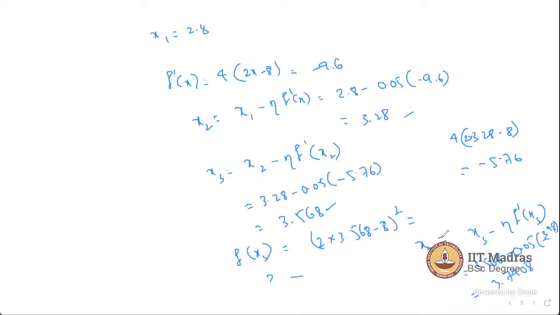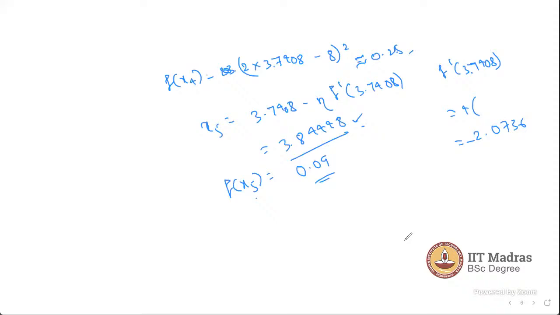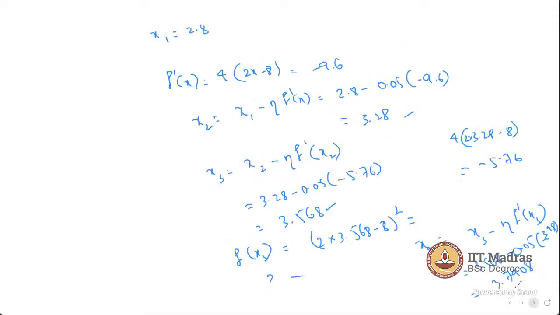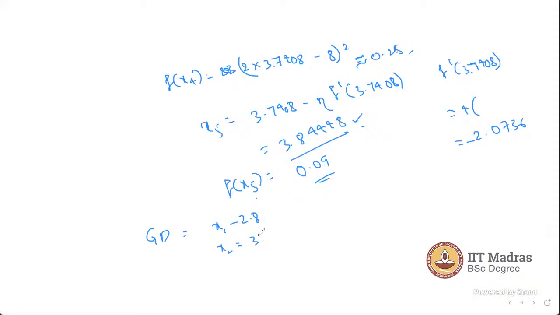So what I will do is list all the values which we got. Using GD, we got x1 as 2.8, x2 as 3.28, x3 as 3.568, and so on.